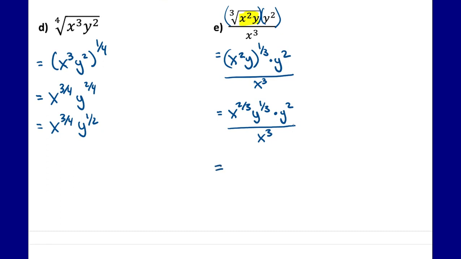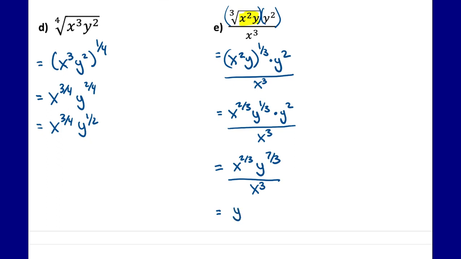I can simplify the top by multiplying my y values. So x to the power of 2/3, right? Add my exponents. So y to the power of 2 plus 1/3 is 2 1/3, or 7 over 3, divided by x to the power of 3. We are subtracting our x values. So 2/3 minus 3, or 9/3.